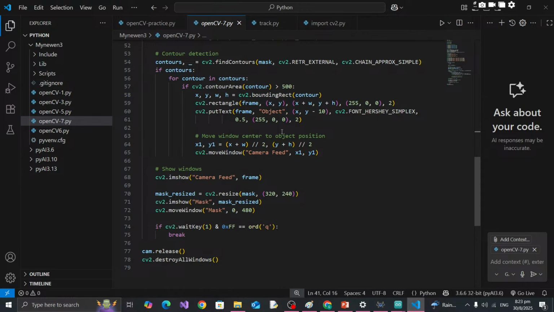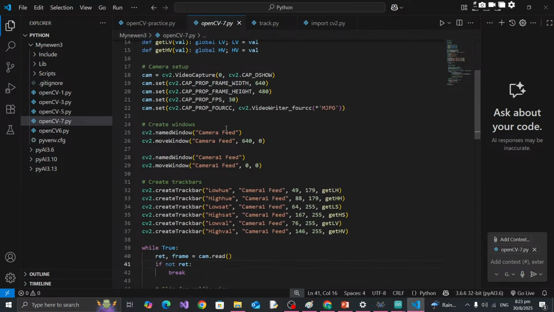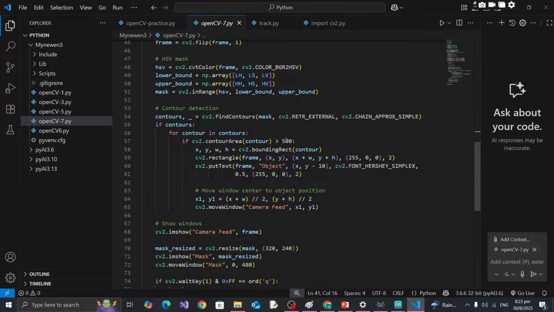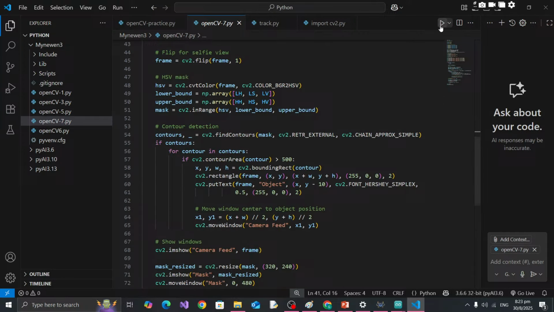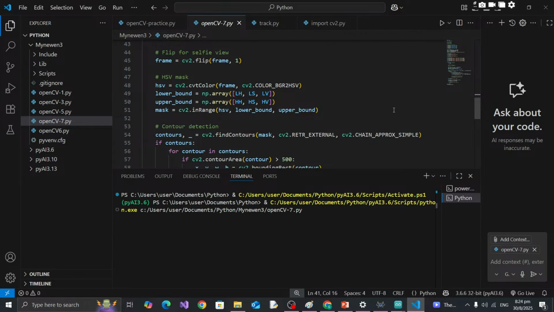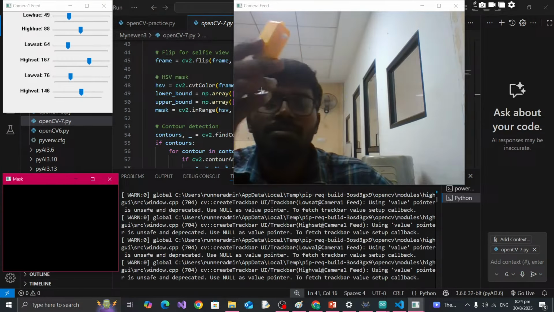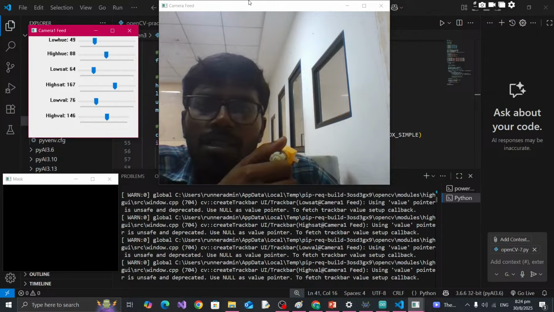Since this will work in my lab itself, I will do it. Let me check the code once. Okay, lower bound, upper bound. Oh, my mask is not opening.